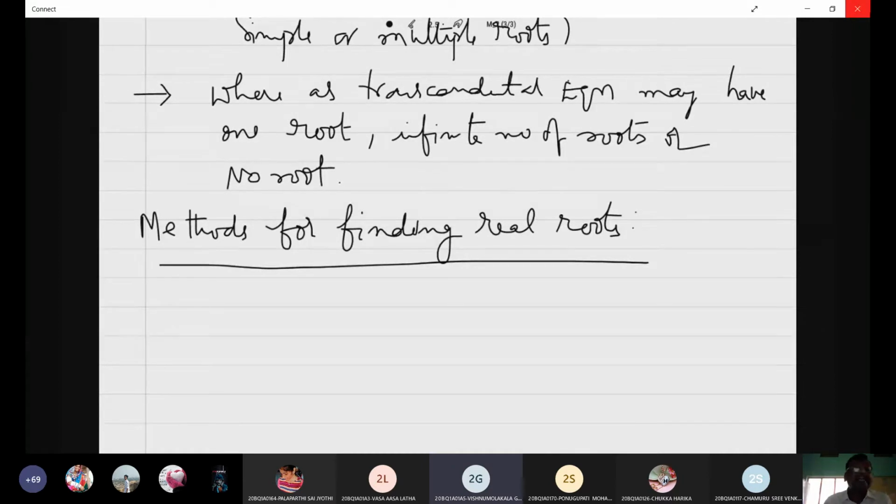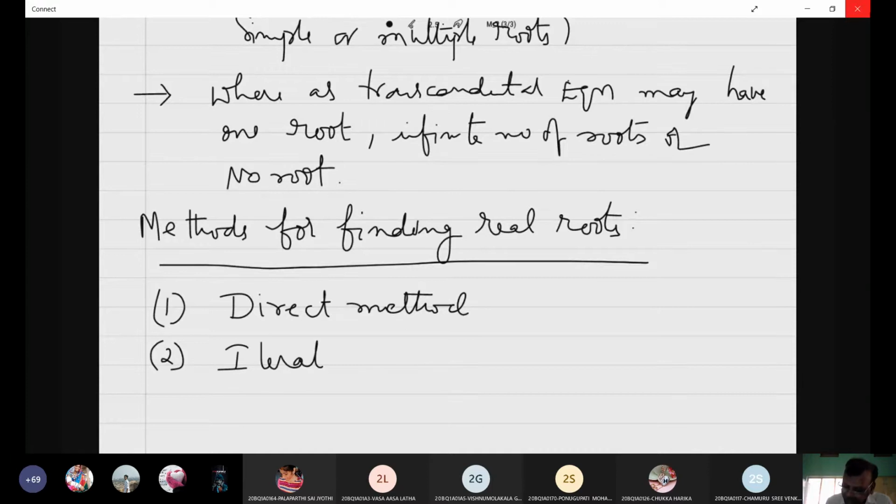One is a direct method and the other is an indirect method or iterative method. Within the brackets, you have to note down indirect method.